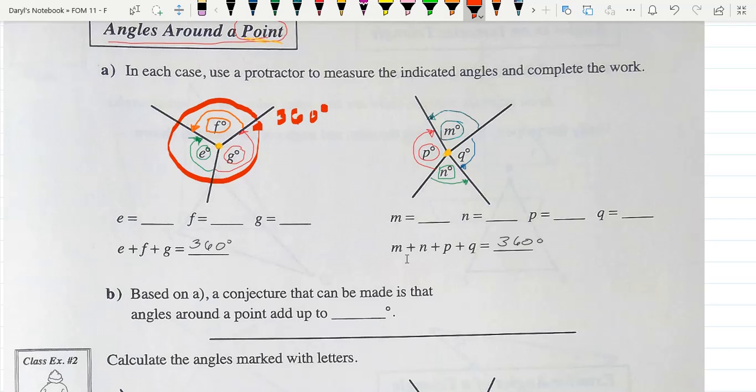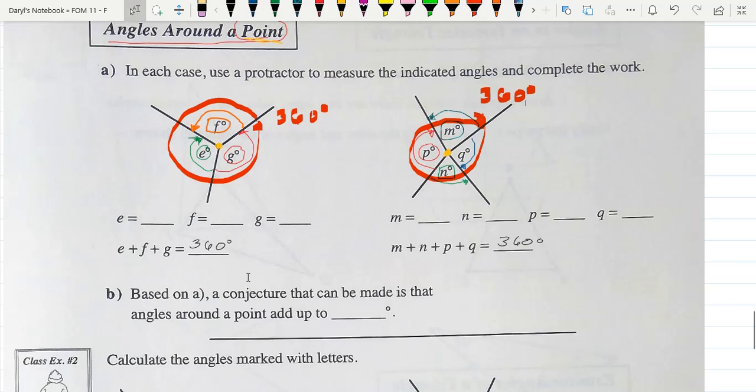Same thing with this one, whether you move counterclockwise or clockwise. This is just one complete rotation, one full complete rotation, so that is just 360 degrees.